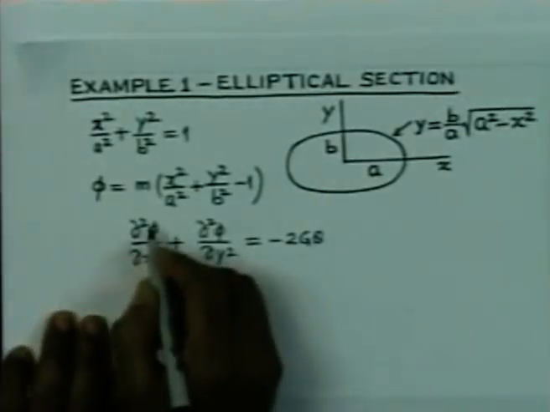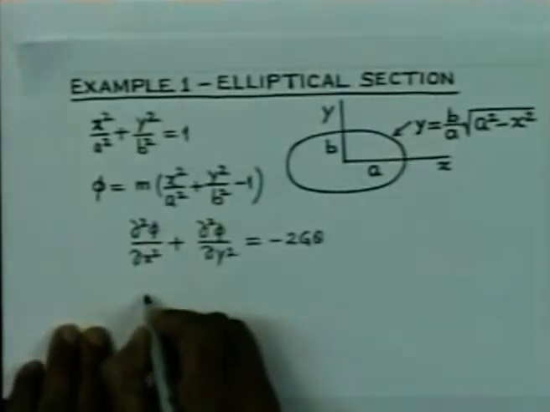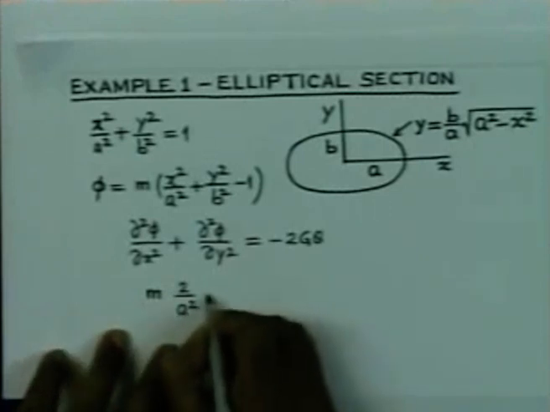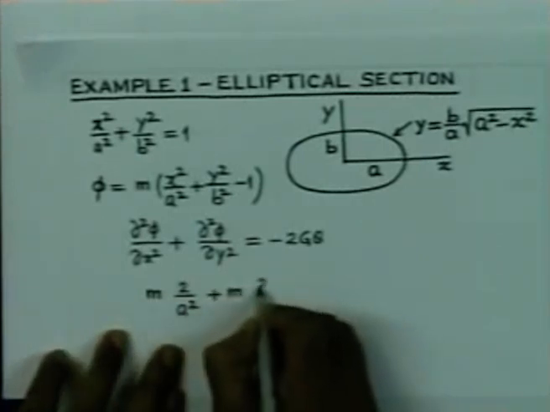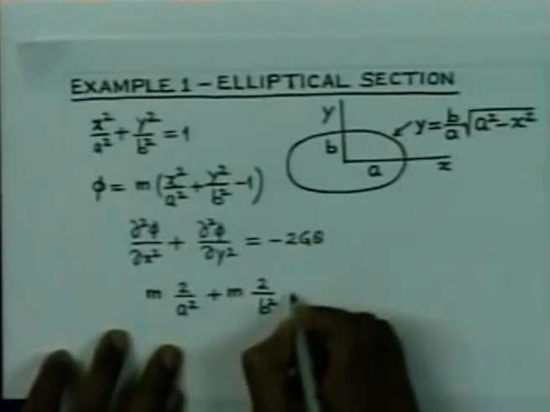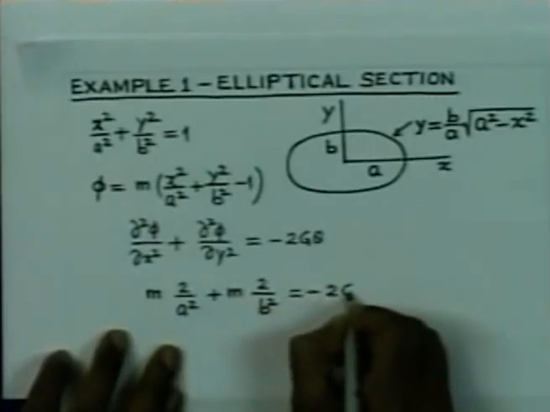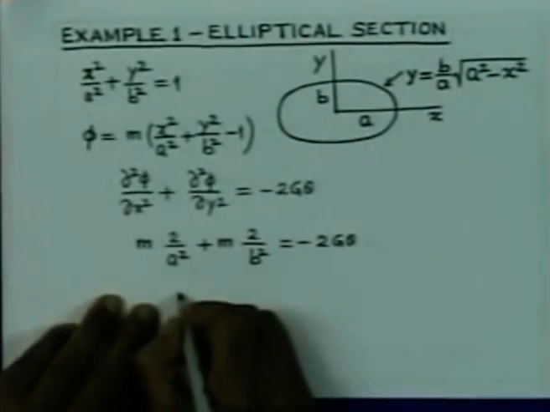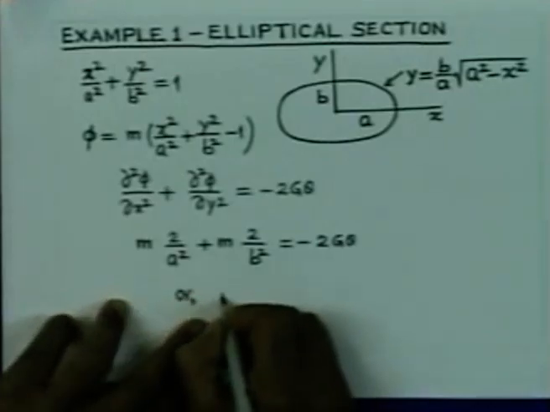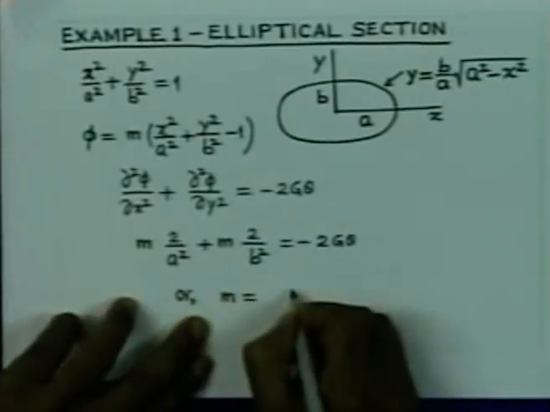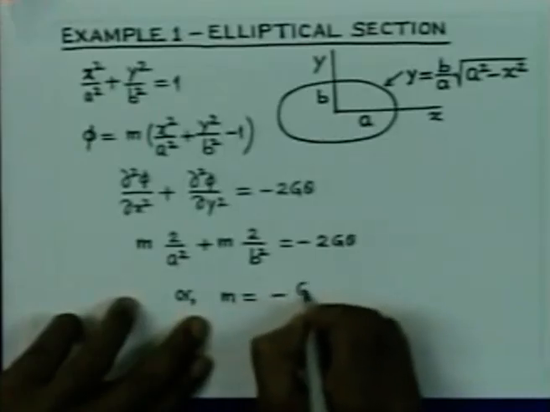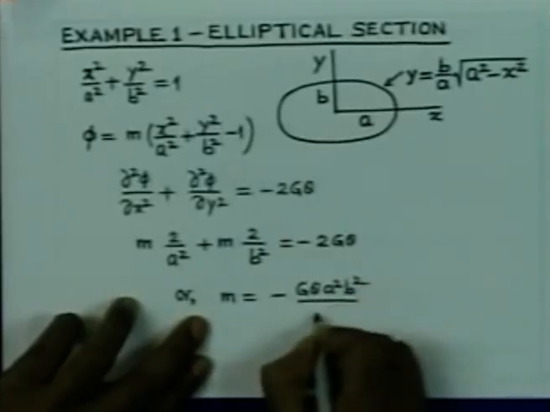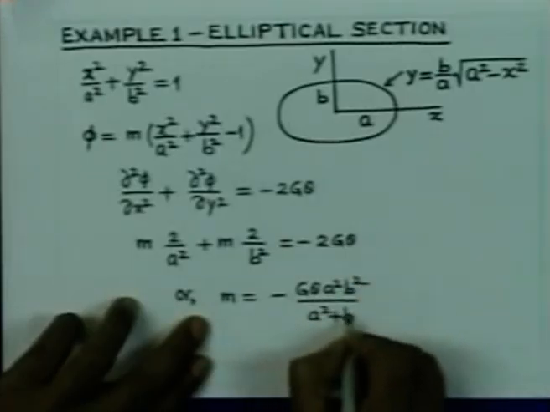Now, if we substitute the value of phi here, it gives us minus 2 g theta, and therefore this constant m is equal to minus g theta a square b square by a square plus b square.